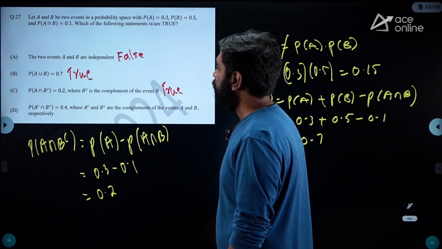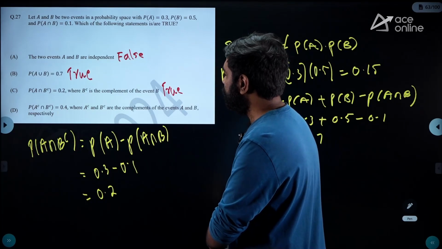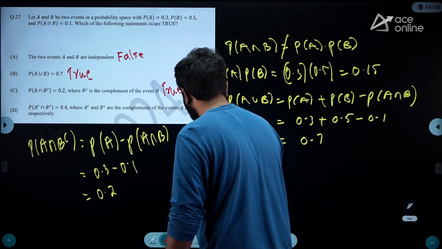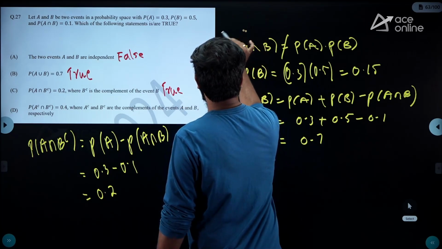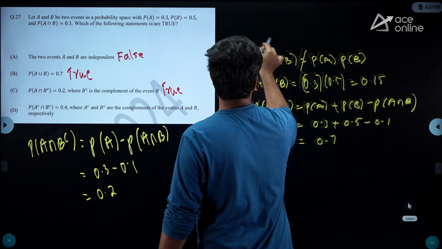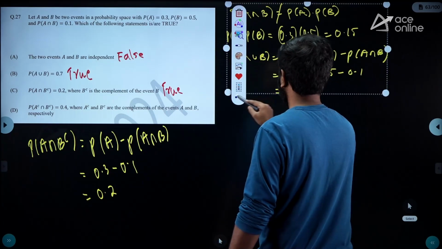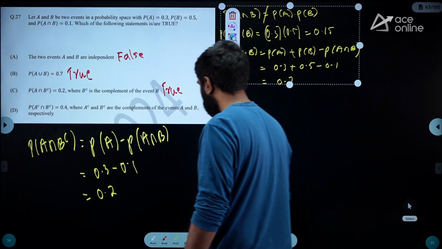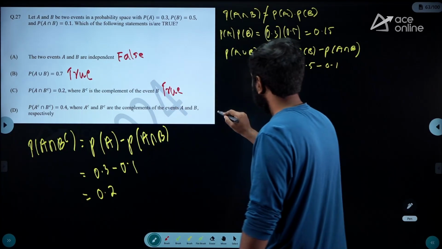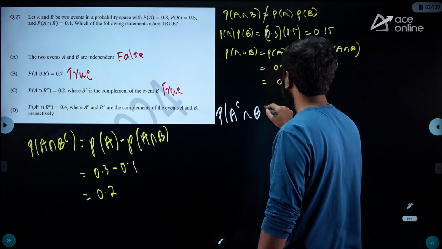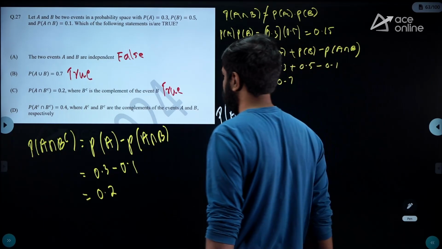And the last one, P of A complement intersection B complement. Can someone guide me? How do you people find P of A complement intersection B complement? I want to see your ideas. Can you give me an idea so that I can solve it? I don't know how to solve this.